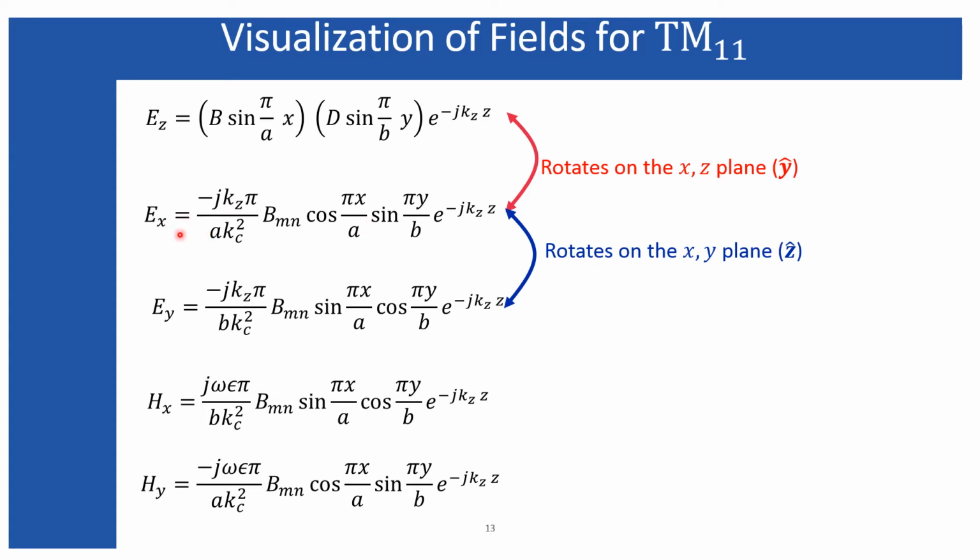Similarly, with the Ex and Ey components, the rotation we can observe on the xy plane, having the surface normal along the z direction. And since the Ez and Ey components also exist, that rotation we can also observe on the yz plane, which has a surface normal along the x direction.